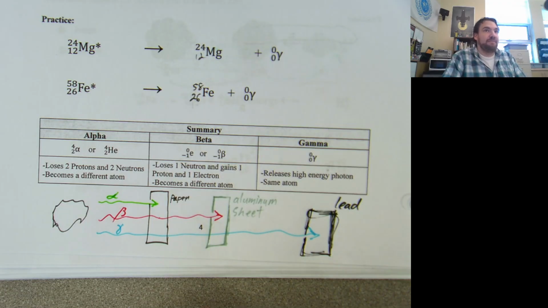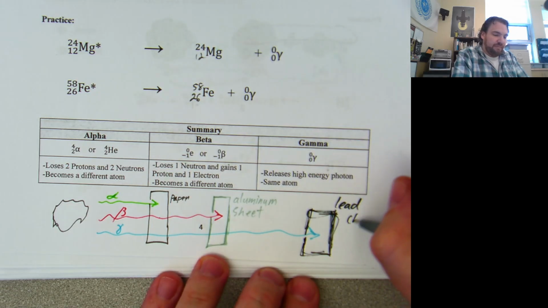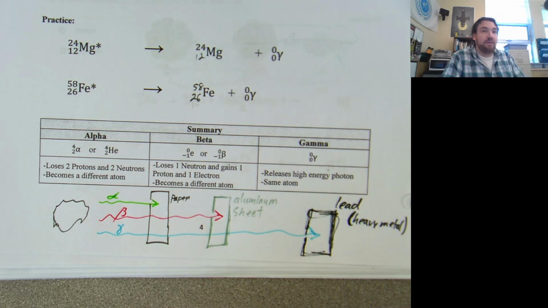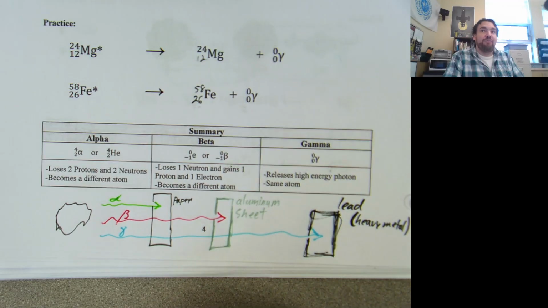Heavy, heavy metal. Which is why when you go to the dentist and it's time for your x-rays, they put you in a lead vest. Because it's this high-energy radiation that they're trying to block. And x-rays are just a step down from a gamma ray.